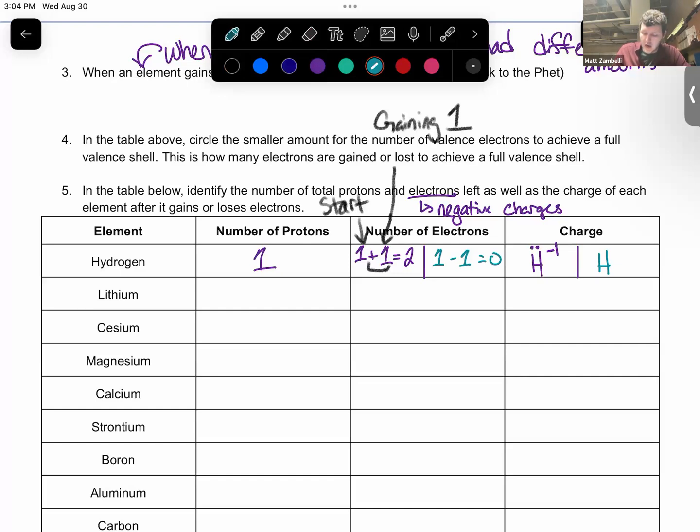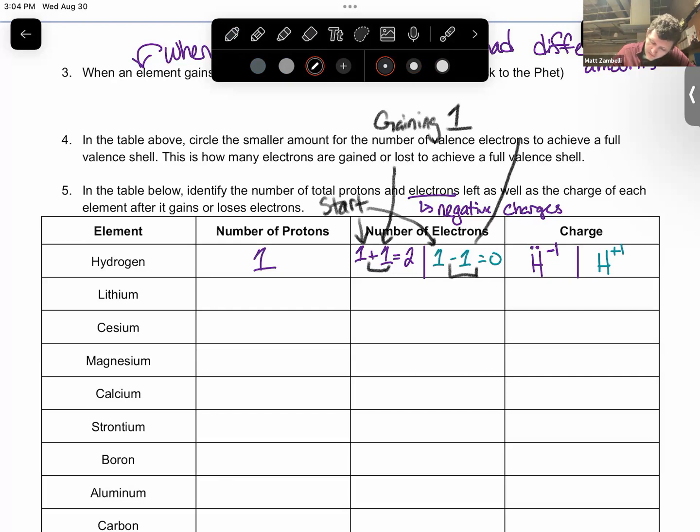And now, because it's gone, it doesn't have that electron. So now it has more protons. So now it's more positive. So it's got a +1. Okay. Again, this is again our starting.